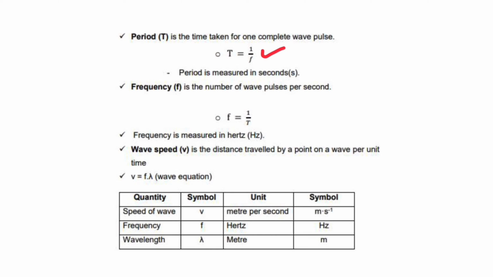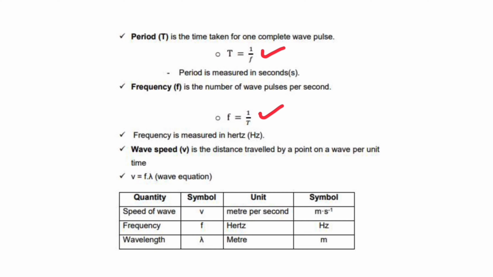The SI unit for period is second. And then frequency is the number of wave pulses per second. And it is denoted by f, where the frequency is equal to 1 divided by the period.